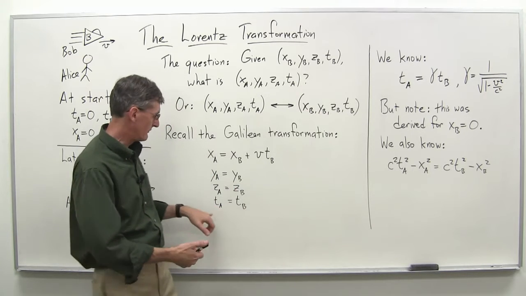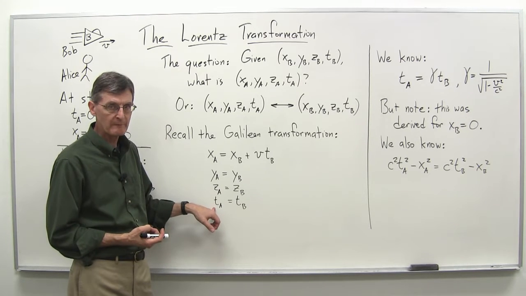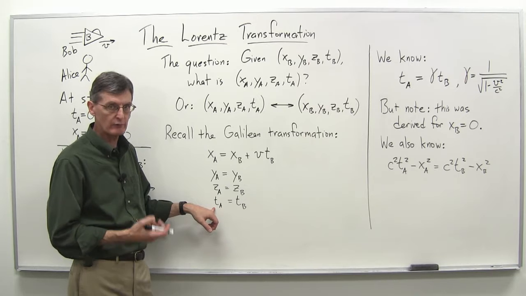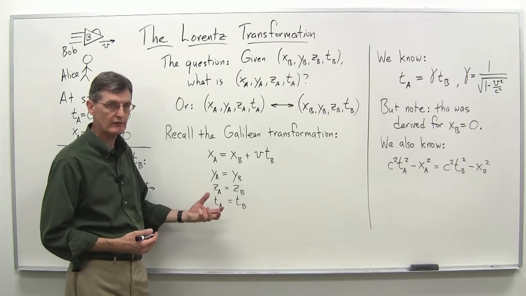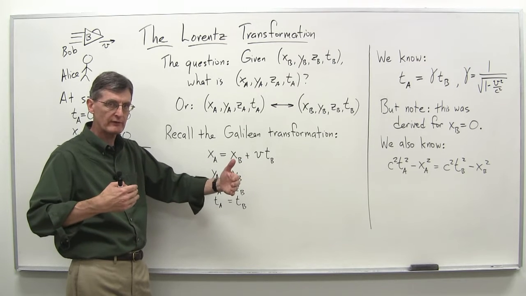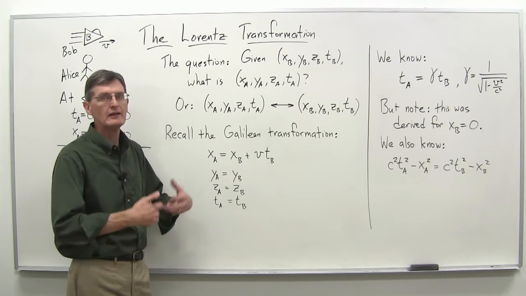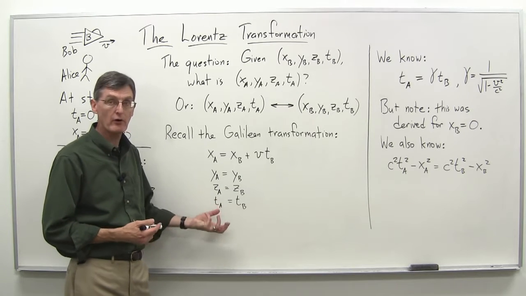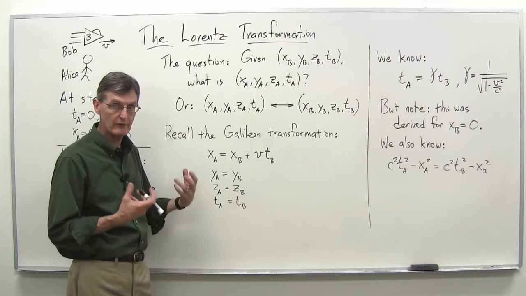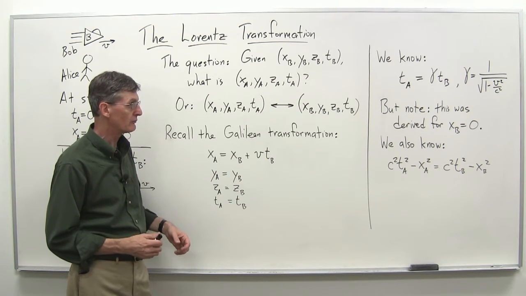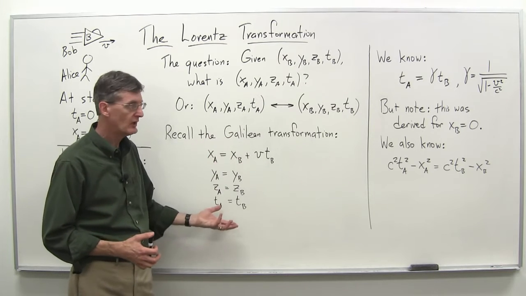So we know that the time relationship here is not true for the special theory of relativity, certainly when you get to higher velocities, but in principle for any velocity, as long as you have relative velocity between frames of reference, there is an effect such that t_A and t_B are not equal. Again, as we've mentioned, it's so small usually in our ordinary everyday world that we don't notice it, but if you have very precise clocks, it is possible to measure that difference. So we know that the Galilean transformation can't work.